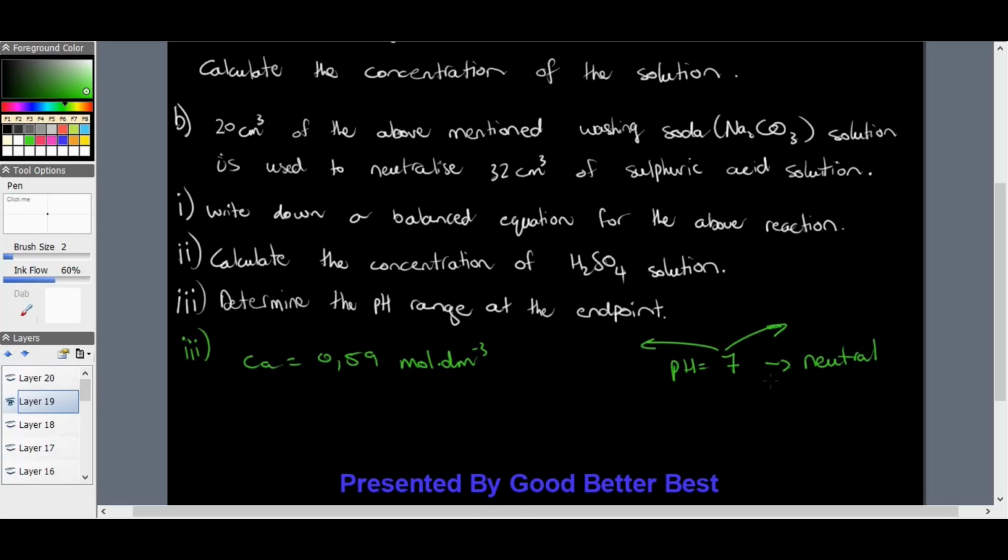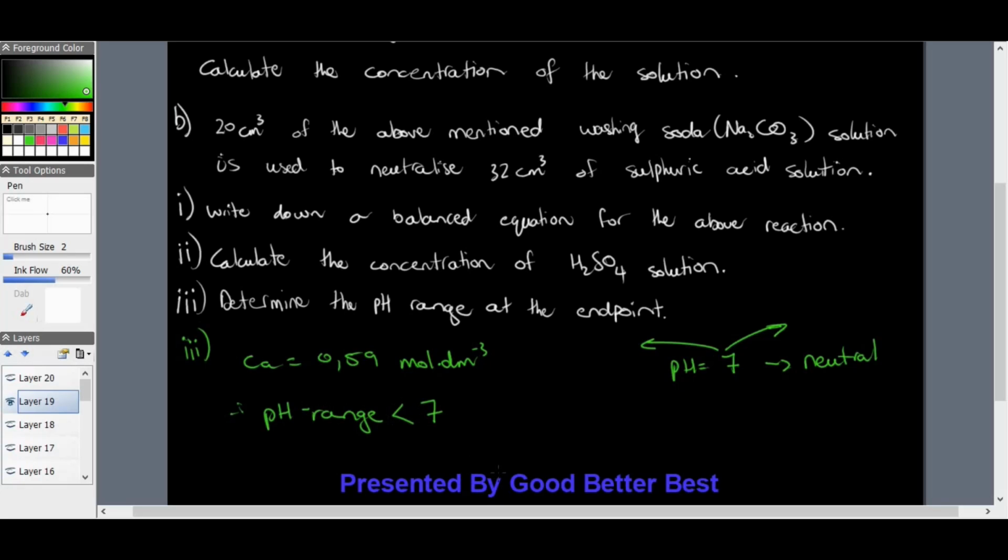Of course, we have 0.59 as our concentration, and we had a strong acid reacting with a weak base, meaning that it's leaning more to being an acidic solution. Therefore, for the third question, the pH range is less than 7 because it is more acidic.